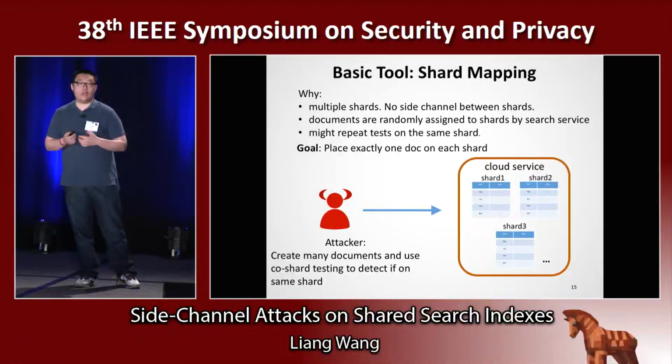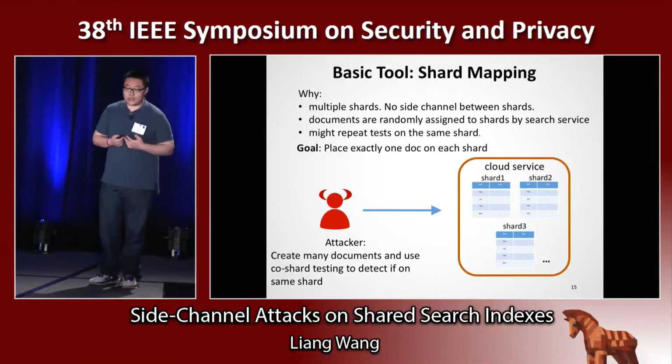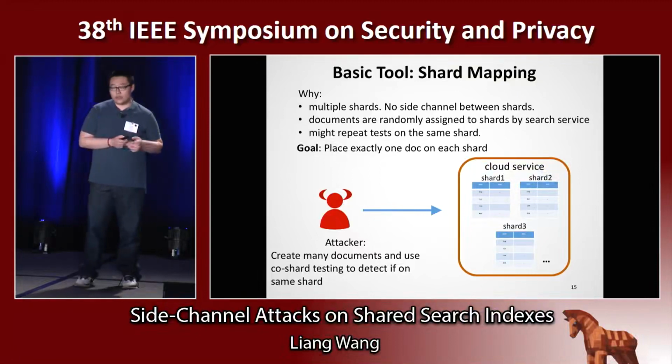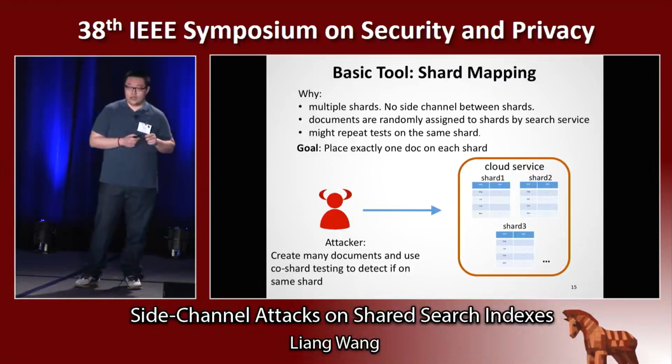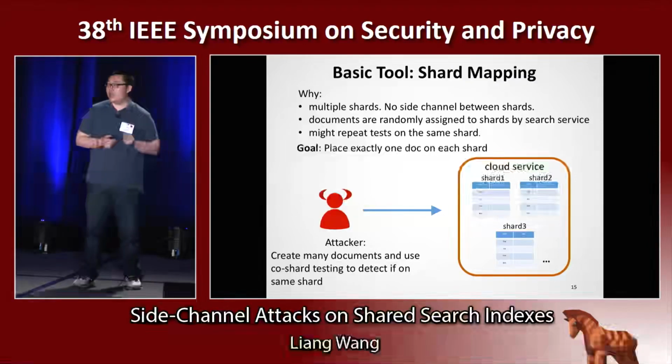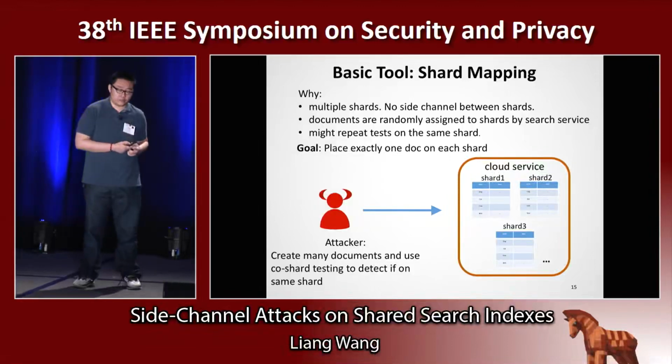To improve the attack performance, we build this tool and place exactly 1 document on each shard. The resulting documents are also called the shard map. So we use these documents as an identifier for a shard. And then the attacker will be able to create a document on a specific shard and also perform attacks on specific shards.